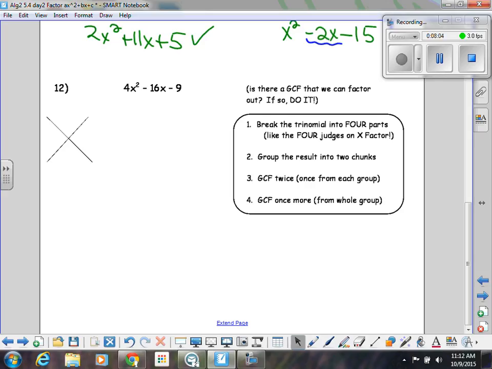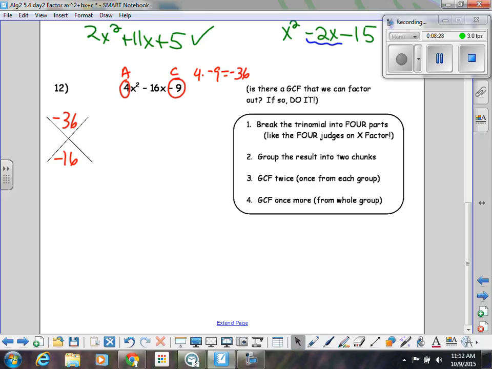So I can't do a greatest common factor, but I'm going to do the a times the c, right? So this is the a, this is the c. So when I do 4 times negative 9, that gives me negative 36. Remember, that goes in the top part of my x, and negative 16 goes in the bottom. Remember, the middle goes in the bottom.